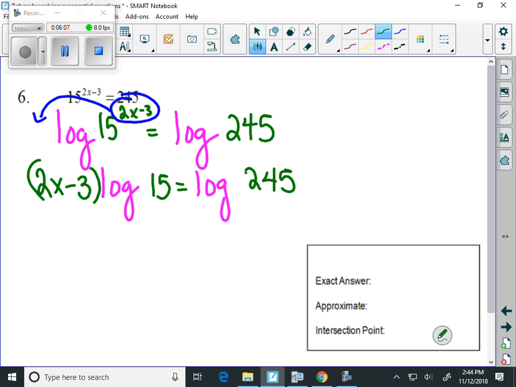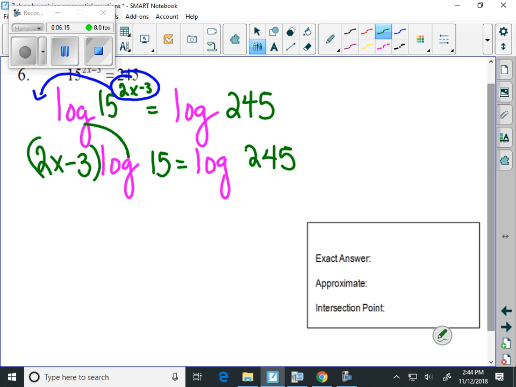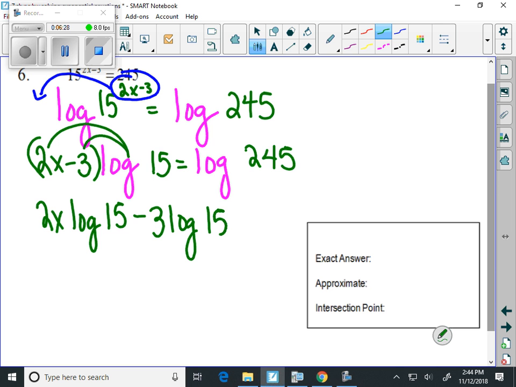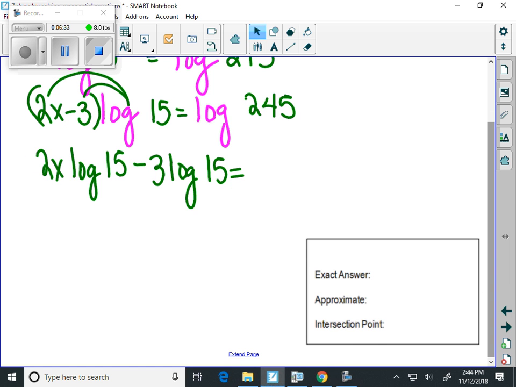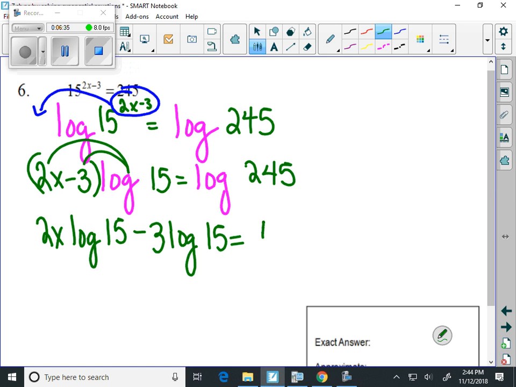And now what's going to happen is we're going to distribute the log of 15 over the 2x and over the 3. It's just going to be this, and this, this, and this. So it's going to be 2x log 15 minus 3 log 15 equals, and let me sweep this box down a little bit, equals log 245.